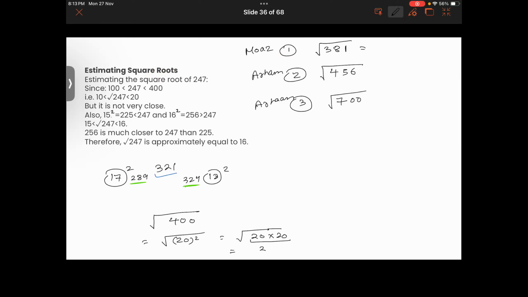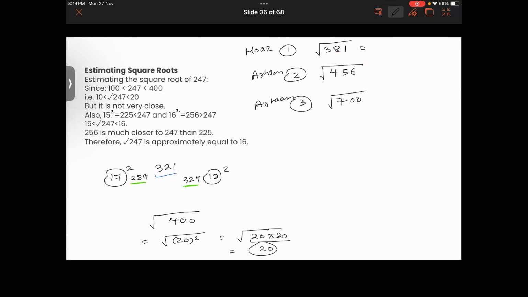I can write it simply 20. So here we are trying to estimate the square root of 381, which is not a perfect square, right? So its square root will be closer to which number? I mean to say, what will be the approximate value of the square root of this number? That is what we are trying to do here.